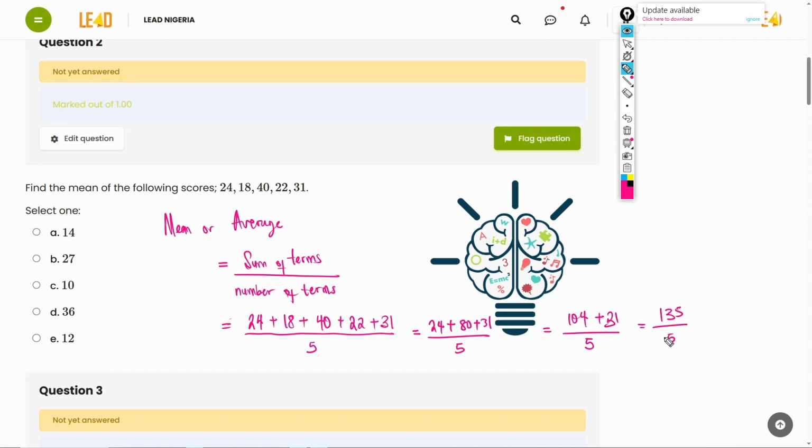So if I divide 135 by 5: 5 in 1 is 0, remainder 1, put the 1 here, 13. 5 in 13 is 2, remainder 3. And 5 in 35 is 7, so the answer is 27. So the average value is 27.